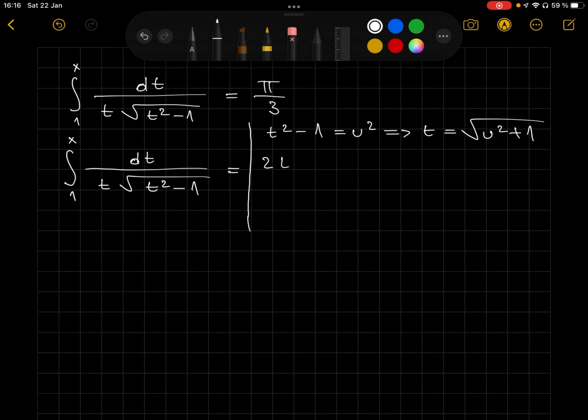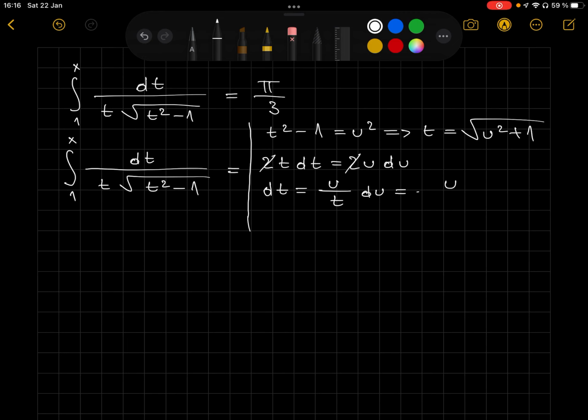After differentiating both sides, we get that 2t dt is equal to 2u du, and after cancelling out the 2's, we get that dt is equal to u over t du, but now we have to write this t in terms of u.